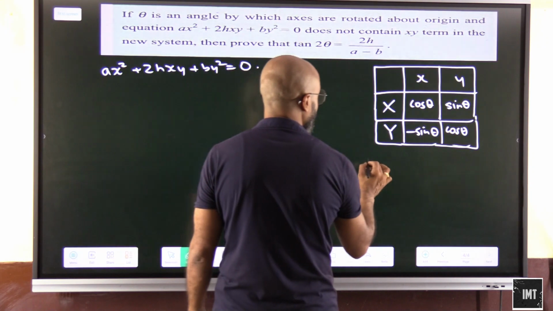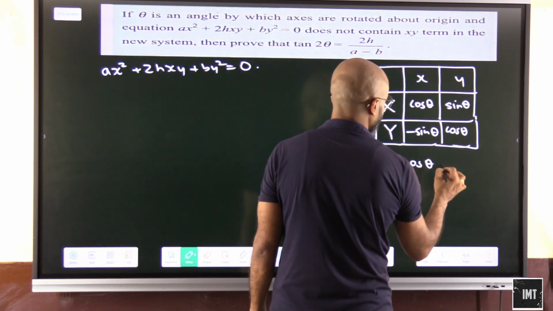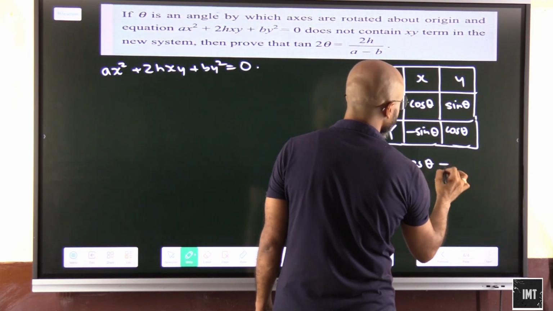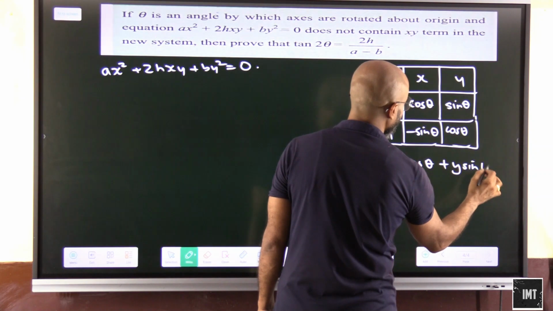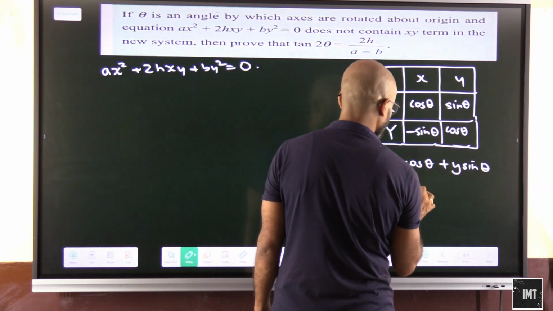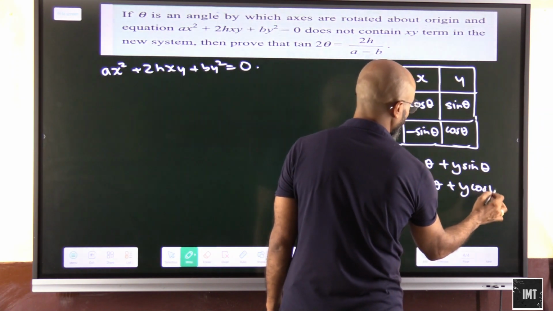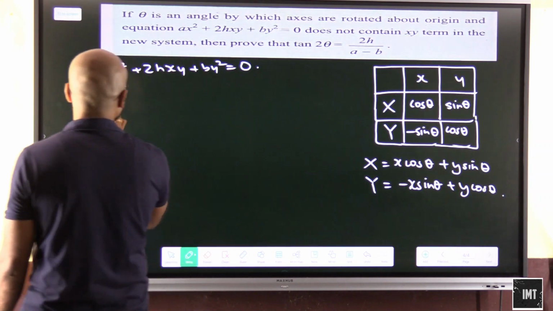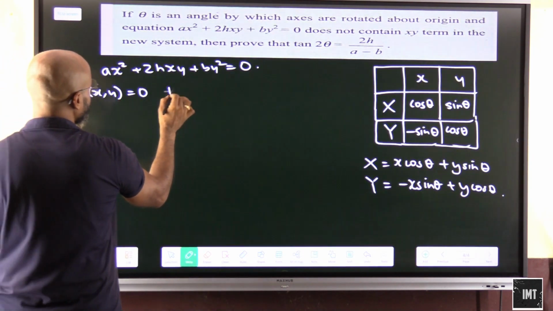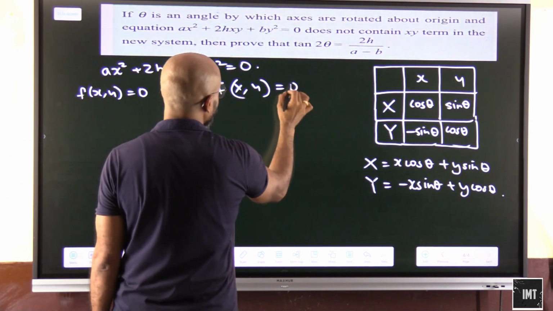Capital X will be equal to x cos theta plus y sin theta, and capital Y is equal to minus x sin theta plus y cos theta. Okay, so here we see if f(x, y) is equal to 0, then obviously f(X, Y) will also be equal to 0.